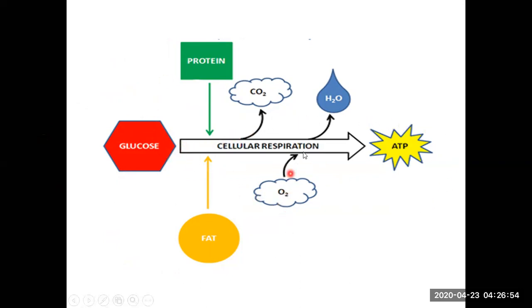Oxygen, which we inhale through our nose and lungs, is added into this whole process of cellular respiration, and water and carbon dioxide are released, which is exhaled from the body with the help of the lungs, and an important molecule, ATP, is generated.